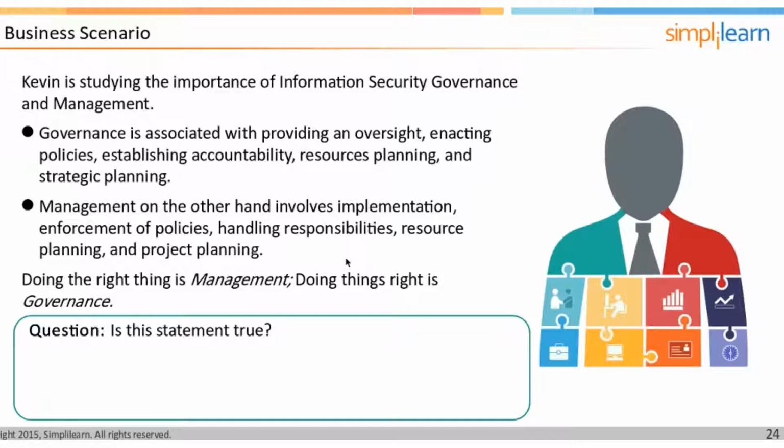Management, on the other hand, involves implementation, enforcement of policies, handling responsibilities, resource planning, and project planning. Doing the right thing is management. Doing the things right is governance. The question is, is this a true statement?